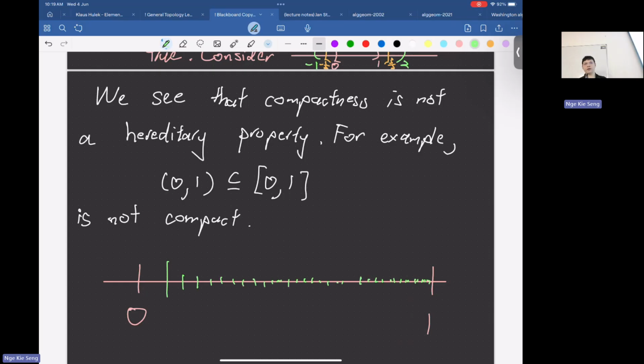And around these you can build open balls, open intervals like that. Is there one problem here? No problem, so you can just put a lot of open sets around here.